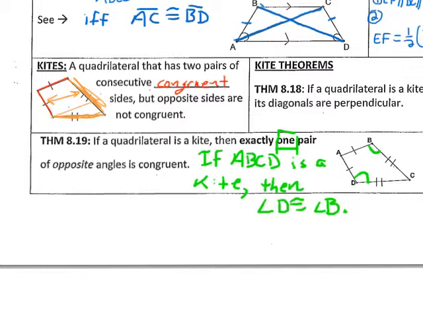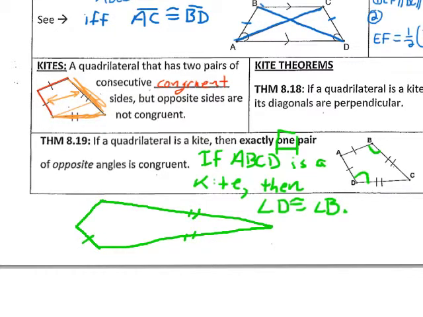And if you don't believe this, that maybe A and C look pretty close to being congruent in this picture, what if we took a kite that looked like this, and we could see that clearly there was only one pair? So if we had a kite that looked like this, and then was really long, clearly in this kite, we would see quickly that angle A over here is not congruent to angle C over here, right?